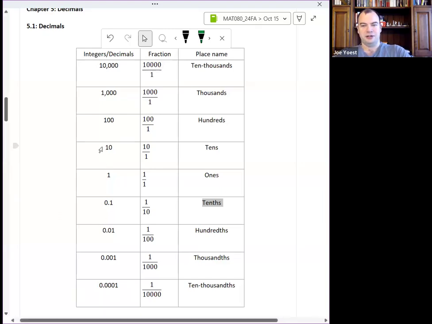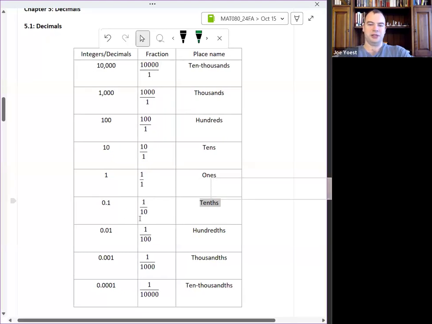But if I keep going, if I go from 10 over 1 and lose a 0 off the numerator, to keep going I can start appending zeros on the denominator. So 0.1, I put a dot there and then a 1 after it. That's 1/10, and that's the tenths place.